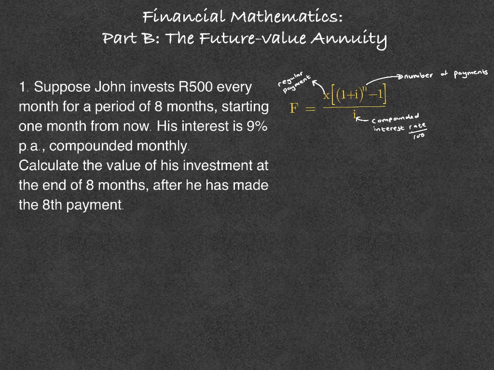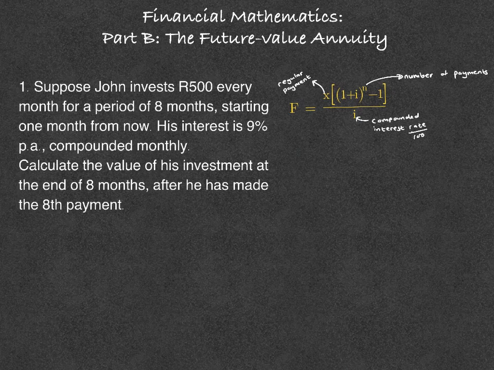So you'll notice the characters in my story, John. John's a very popular person here, and John is going to make a number of investments and he's going to take out a number of loans. So let's check what John is doing here. Suppose John invests 500 Rand every month for the period of 8 months, starting 1 month from now. So that's default, right? This question is straightforward.